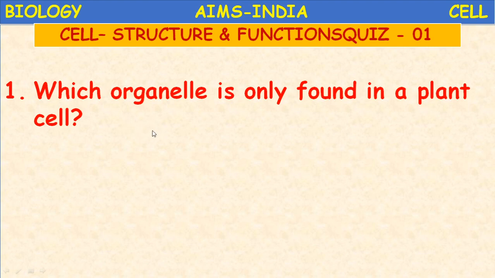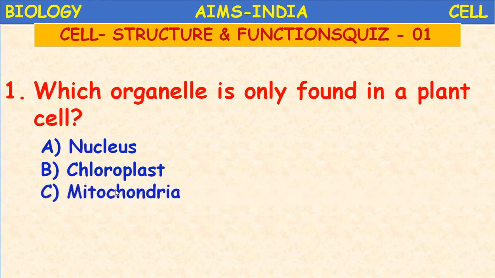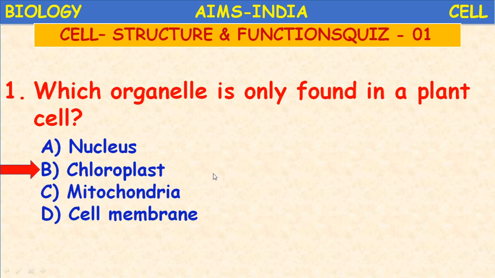So let us answer the questions, children. Which organelle is only found in a plant cell? Nucleus, chloroplast, mitochondria, cell membrane. Yes, very good. Chloroplast.